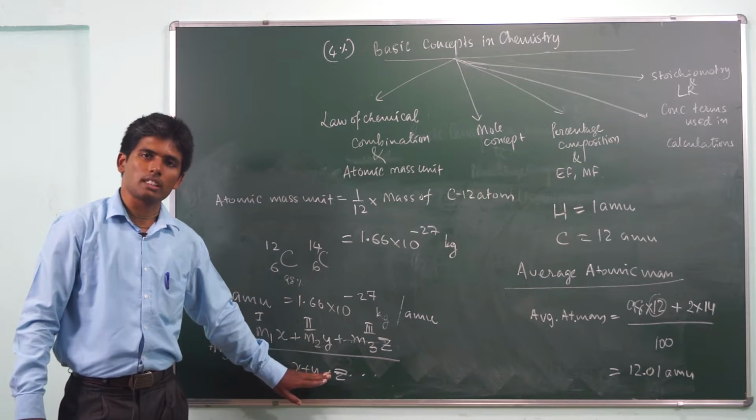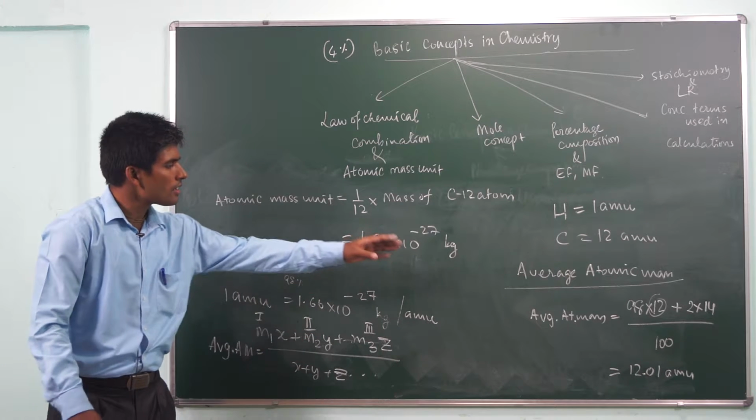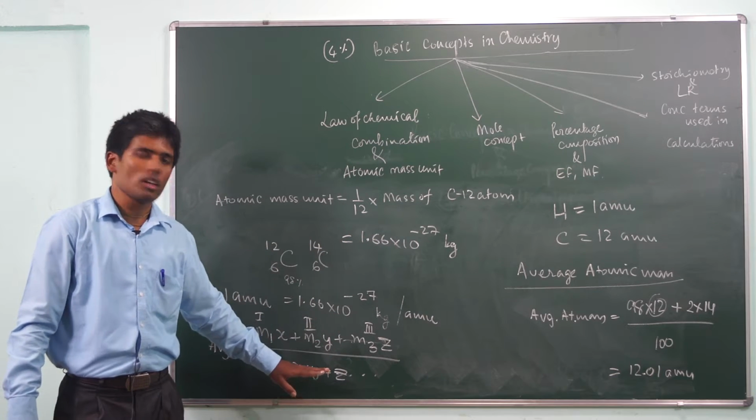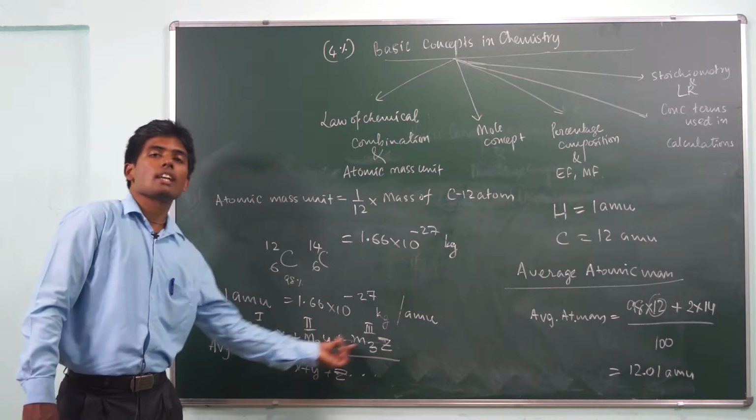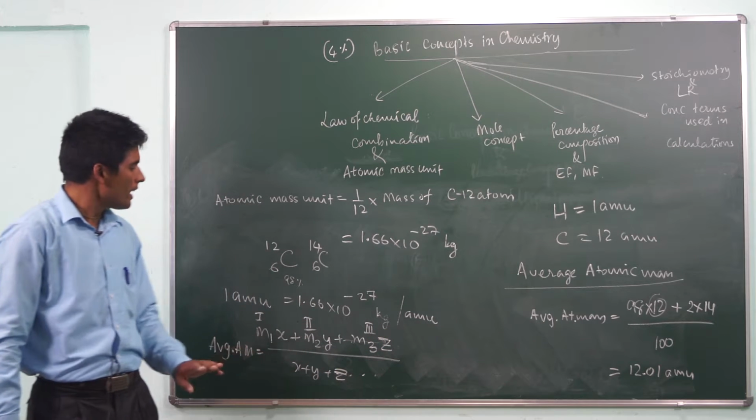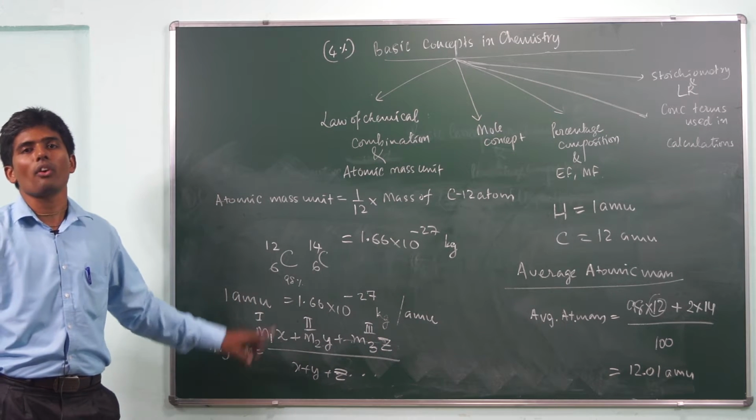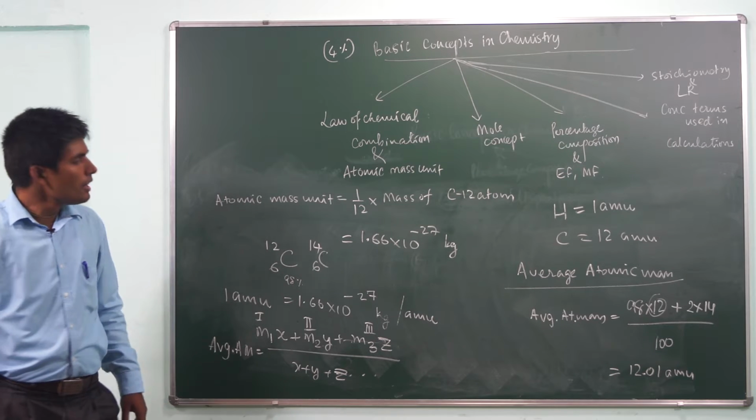This will be 100% because the denominator will always be 100, because I am taking the percentage availability here. So this will give me the average atomic mass for that particular element.